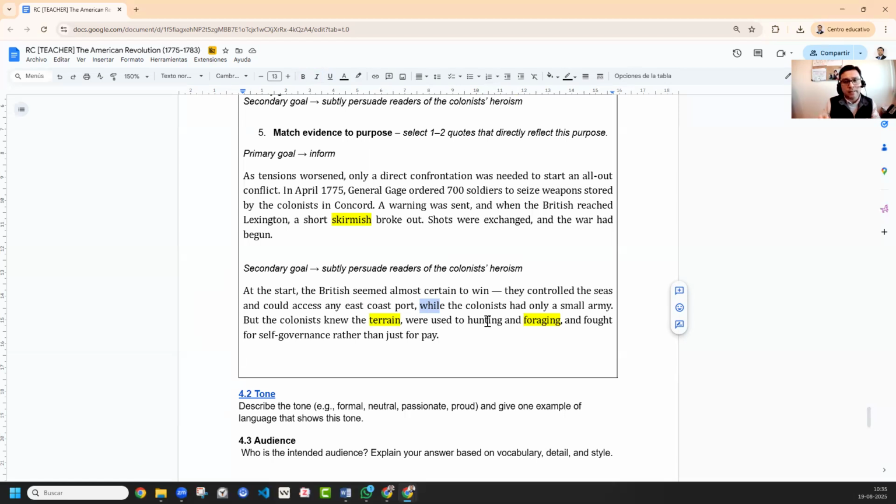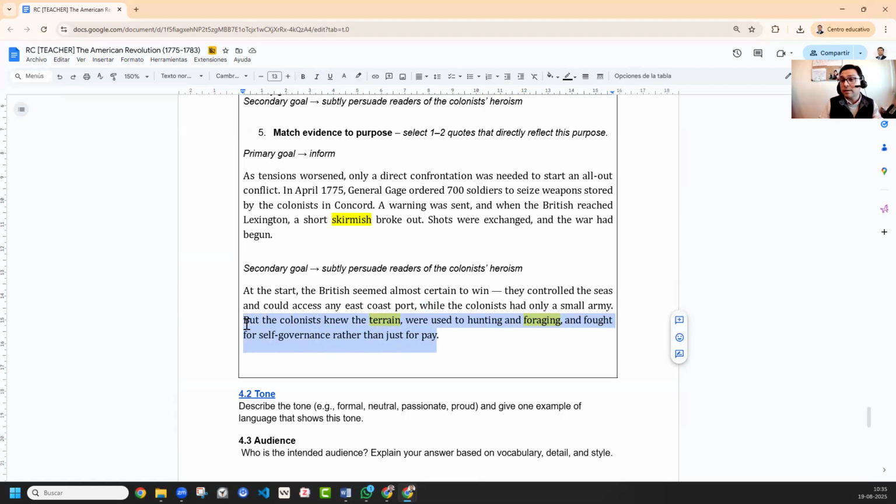Another contrast, but the colonists knew the terrain, were used to hunting and foraging, and fought for self-governance rather than just for pay. Okay, so they didn't fight for pay.